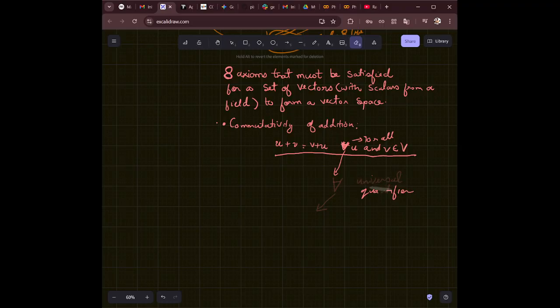So next we will proceed further. You can say u plus v equals v plus u.